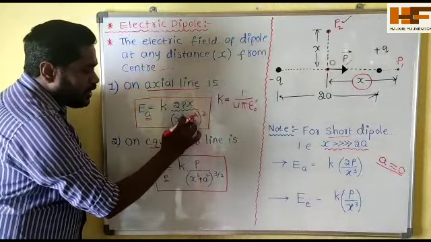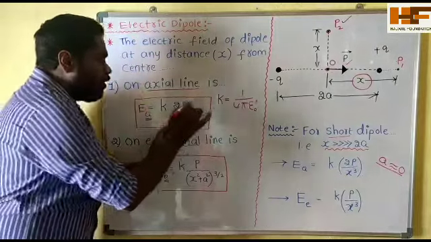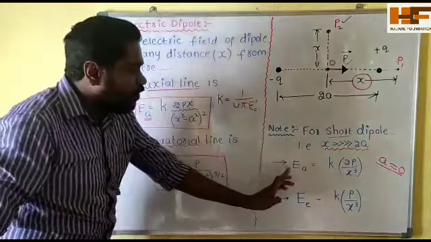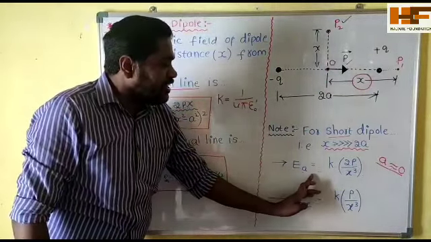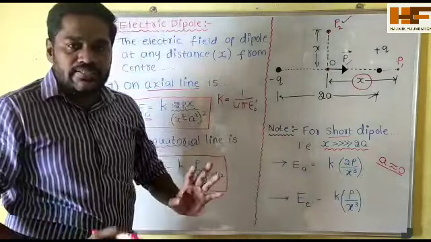This part becomes 0, so x square whole square is x power 4, and x power 4 with the x cancel, remaining x cube. Therefore, for a short dipole on the axial line, the electric field EA is equal to K into 2p by x cube.